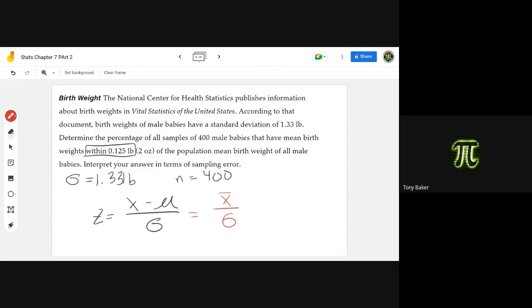All right. So before we start doing this, we don't have our standard deviation for our sample. What is my standard deviation for my sample? Standard deviation does not stay the same. What's the formula for it?